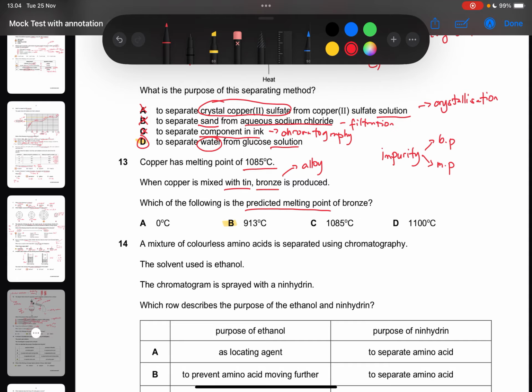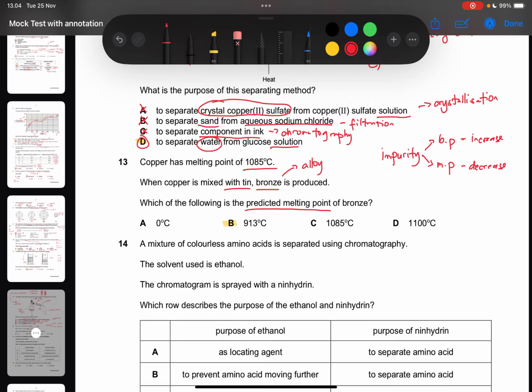Once its melting point or boiling point changes compared to what it should be, it means impurity is added. So if we're talking about melting point, impurity will cause it to decrease. On the other hand, the boiling point will increase due to impurity.